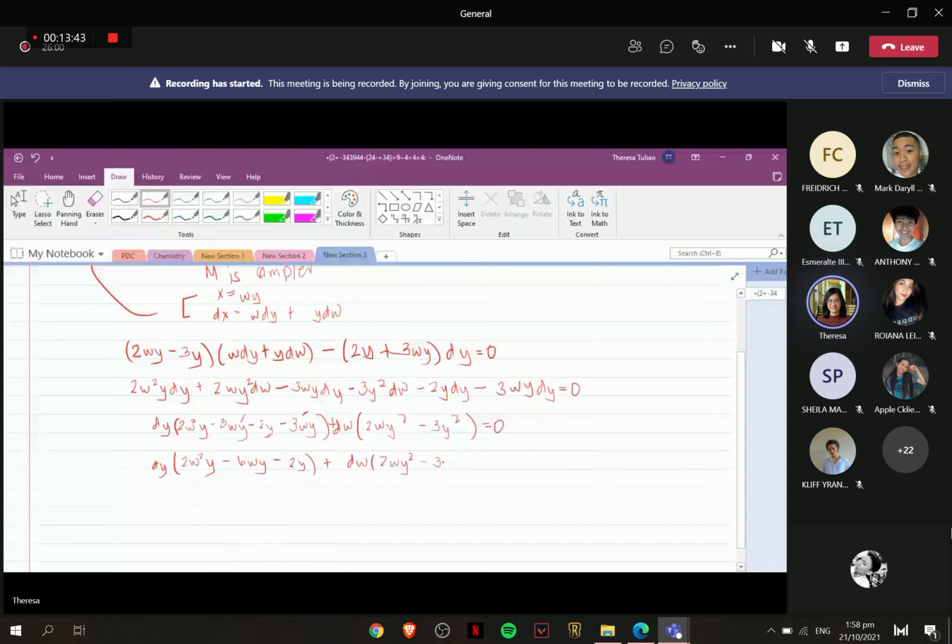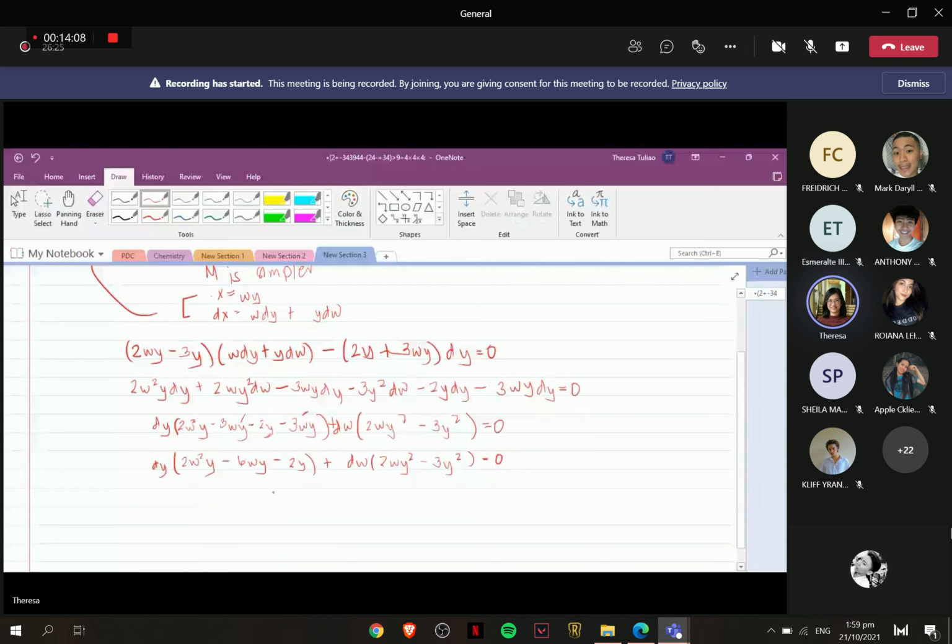Okay, once that you have expanded, and then separate mo na lahat ng differentials, babalikan natin ngayon naman ang separation of variables, no? So, i-apply natin yung separation of variables dito, yung last na lesson natin. So, hiwalay natin ang y and w for each term.